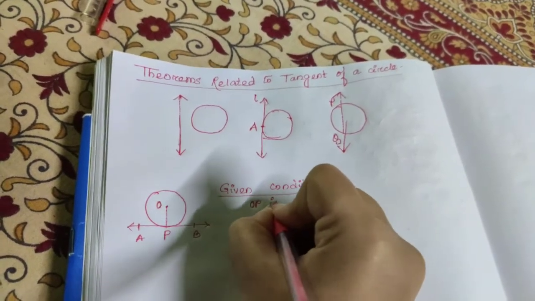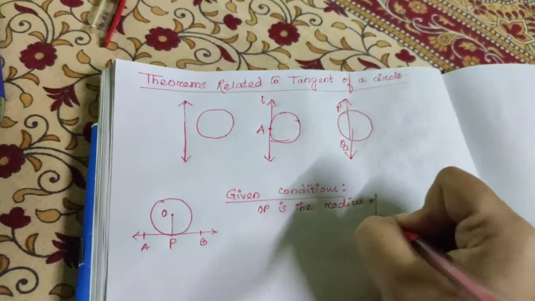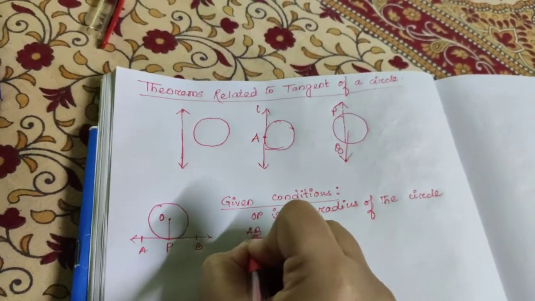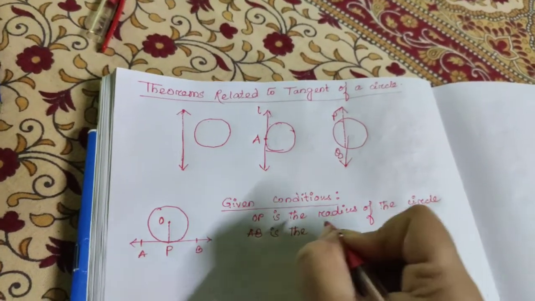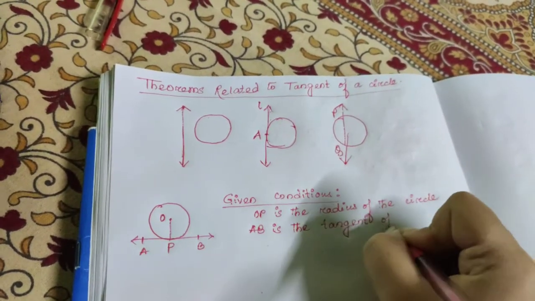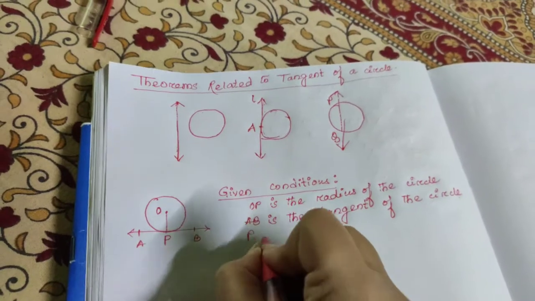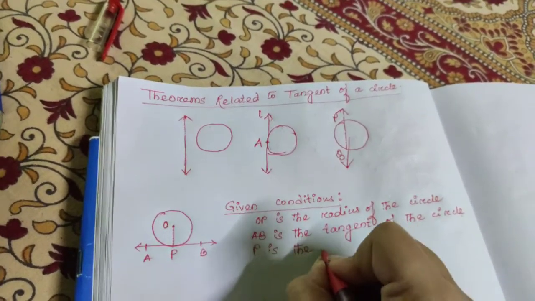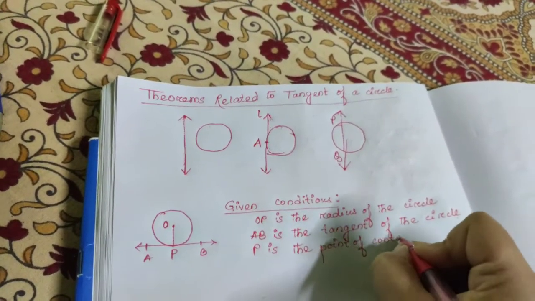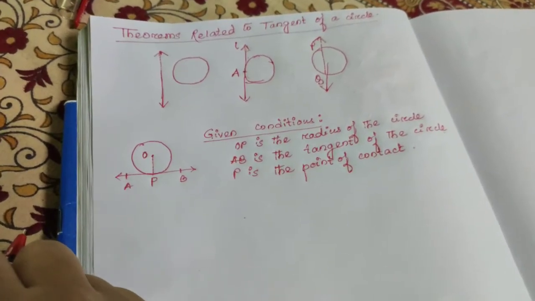OP is the radius of the circle, and AB is the tangent of the circle and P is the point of contact.